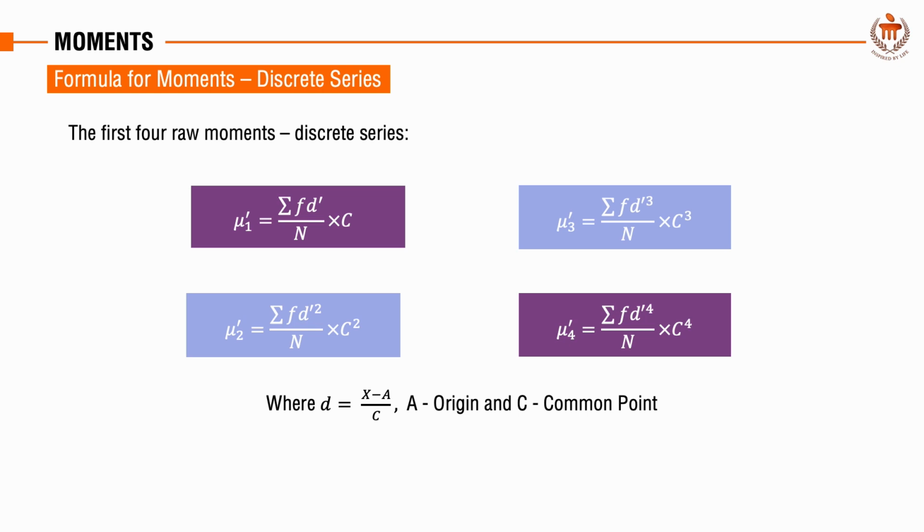In the same way, we have discussed step deviation. By using step deviation, we found the value x minus a by c for simplification, where a is the origin from where we calculated the deviation of each value of x, while c is the common factor.